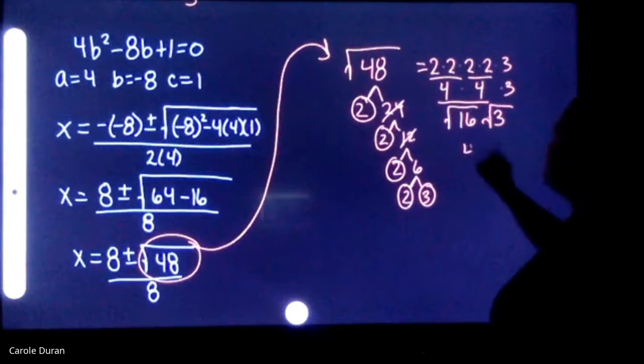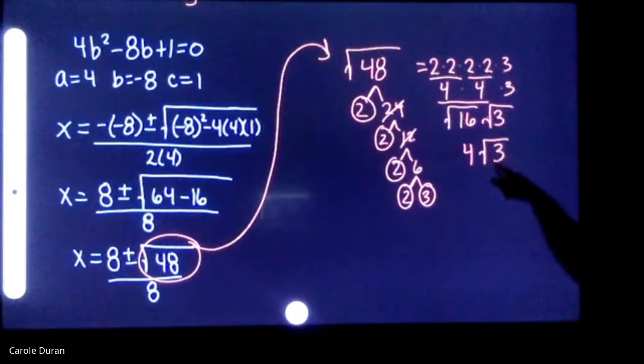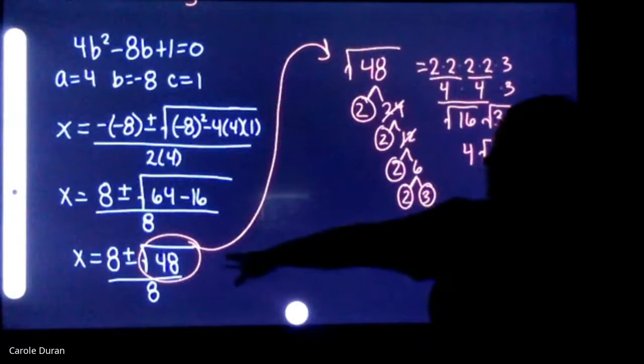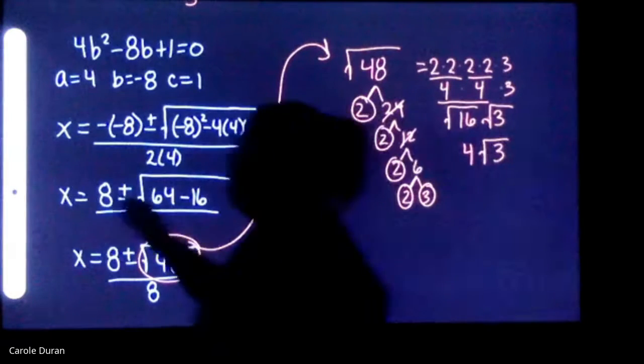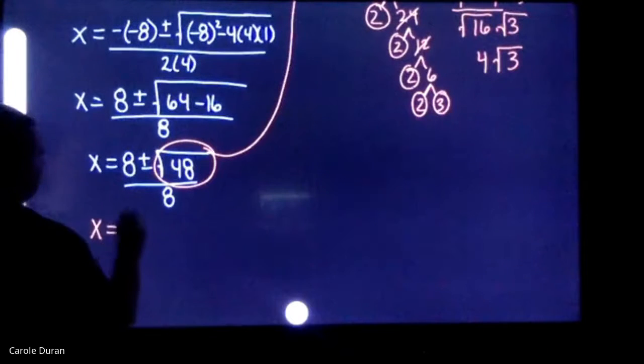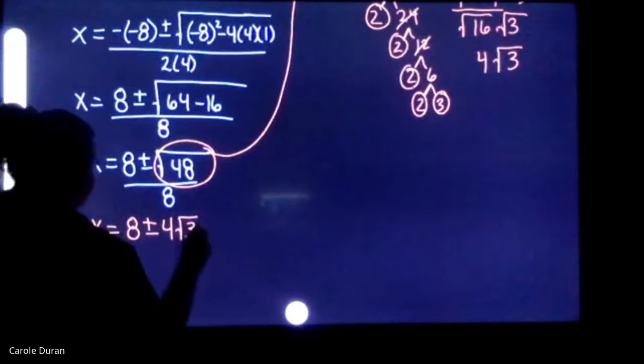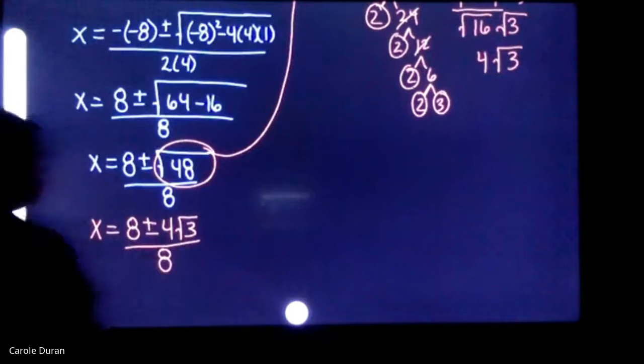Square root of 16 is 4. And then square root of 3 just stays the square root of 3. So I'm going to take this 4 square root of 3 and replace the square root of 48 with it, which leaves me with x equals 8 plus or minus 4 times the square root of 3 all over 8.